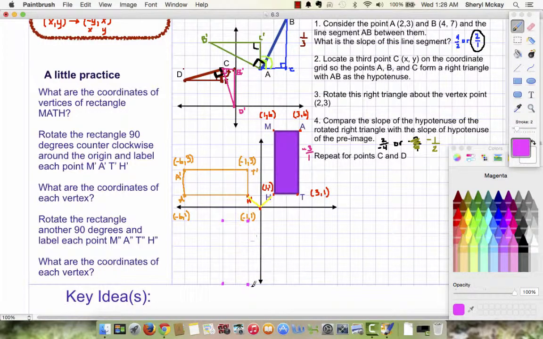So this was M double prime, A double prime, T double prime, and H double prime. Okay, and we can connect our lines and our vertices.